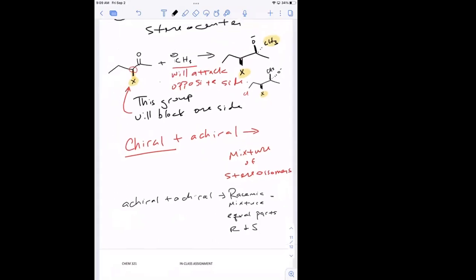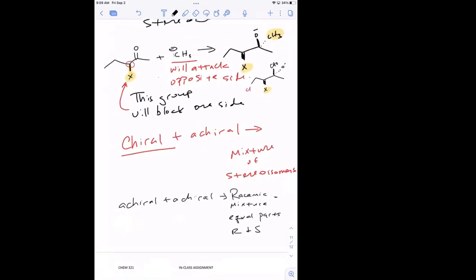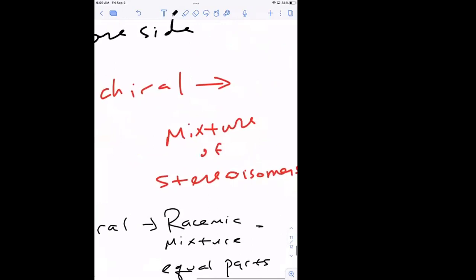But the concept that we're going to focus on is the one above it, where we take something chiral, react it with something achiral, and generate an unequal mixture of stereoisomers. So I have a mixture here, but I should have qualified that. It's an unequal mixture.